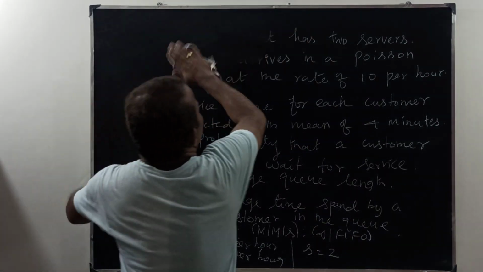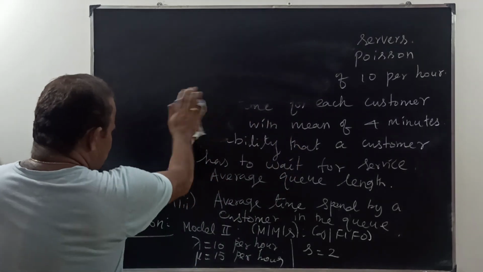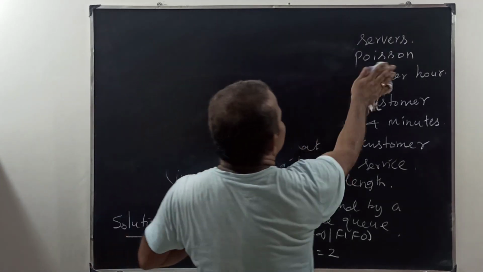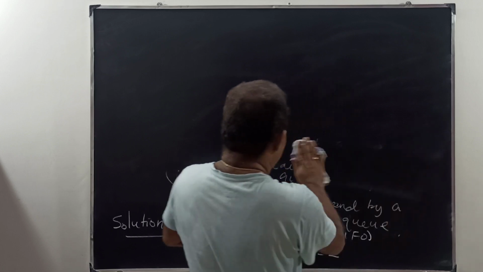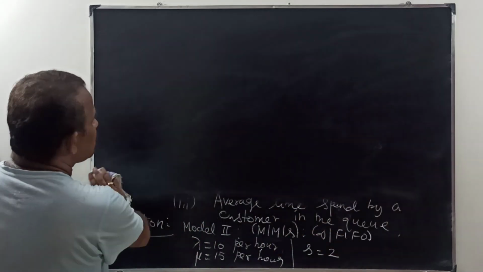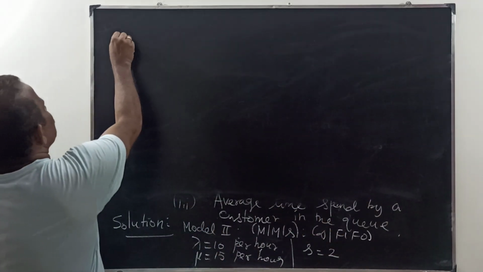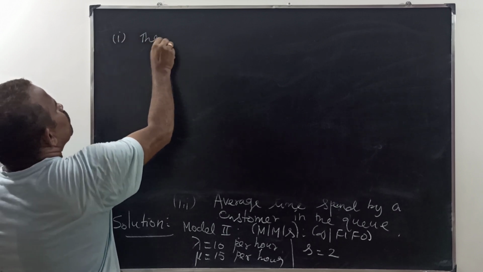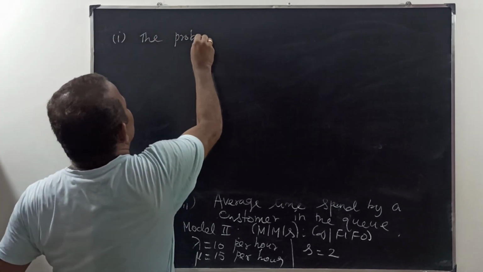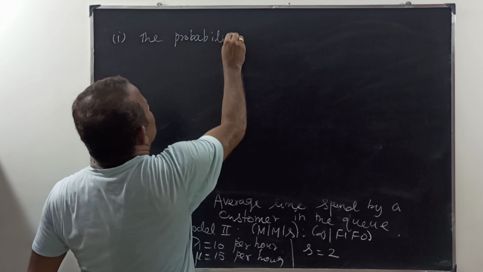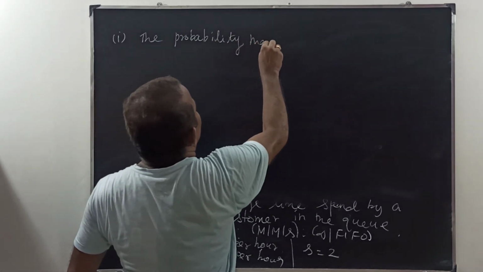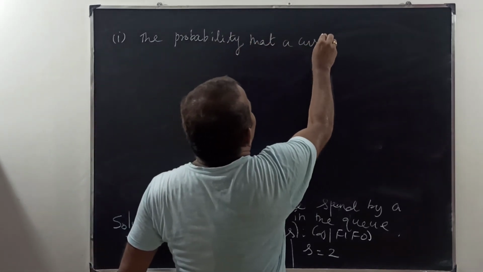The first question is the probability that a customer has to wait.